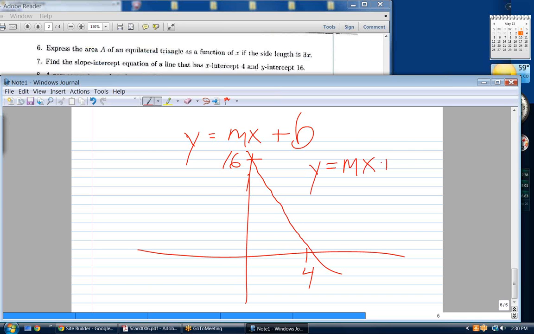Knowing that b is 16, when I plug in 0 for y and 4 for x, then m ends up being minus 4. That's all I need. And then I've got y equals minus 4x plus 16. Yeah, that's a good technique also.